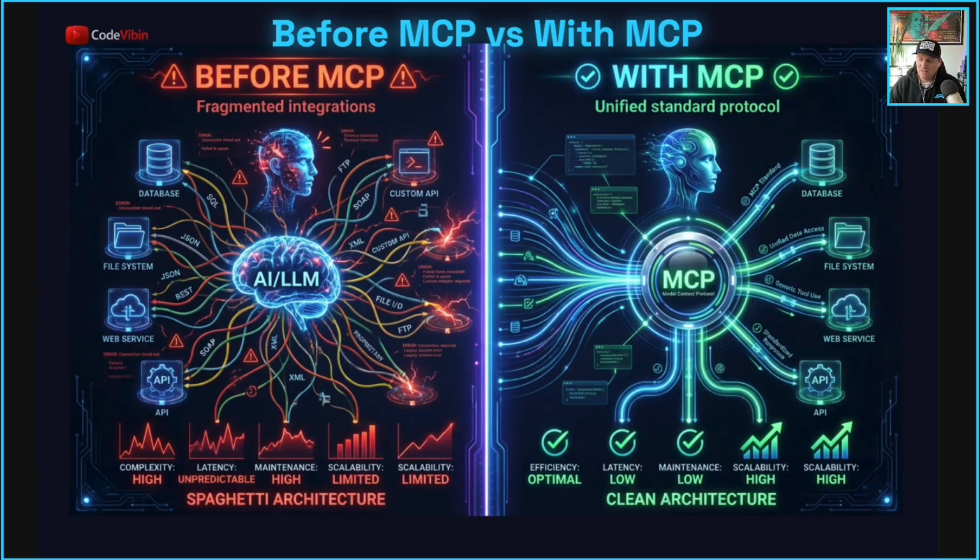They call it spaghetti architecture, and that happens a lot. You can have AI refactor your whole system to operate with the least amount of code and the most optimized back end, so you can speed things up, make it faster, scale faster, and have less maintenance. On the other side, with MCP, a unified standard protocol, it's like when you see all these wires behind your TV and they're all mixed up everywhere.